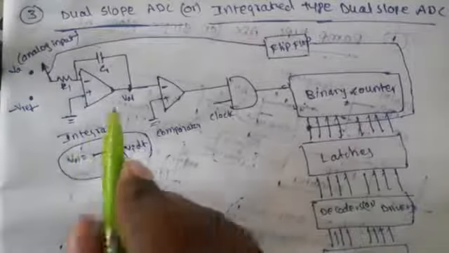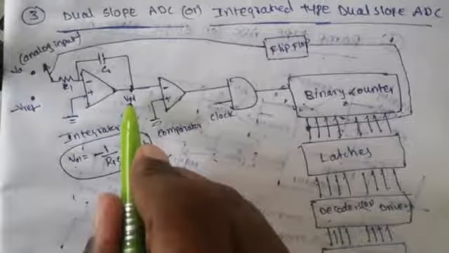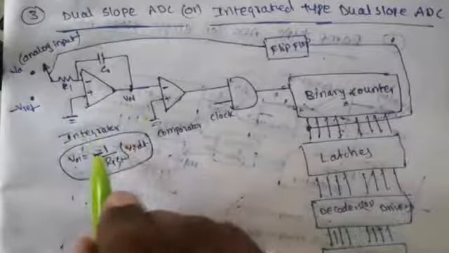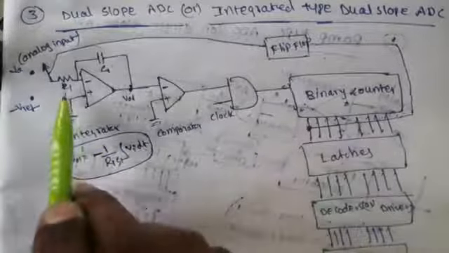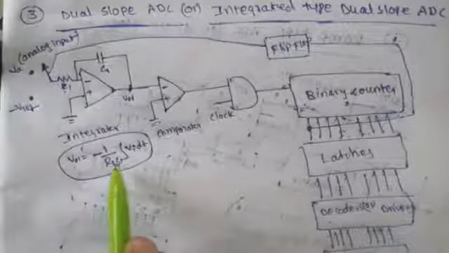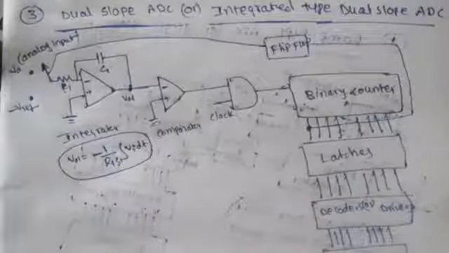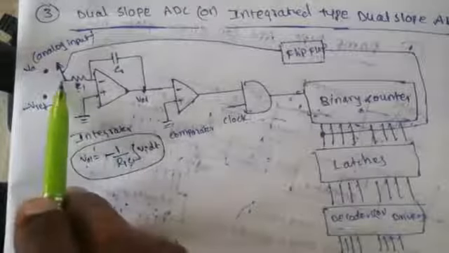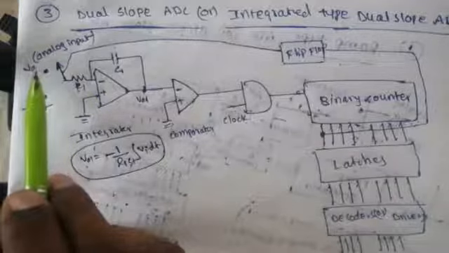So V01 is nothing but the output of the integrator. R1 means the input side resistance, C1 means the feedback path capacitance. So minus 1 by R1 C1 into the integral of the corresponding input voltage is produced.